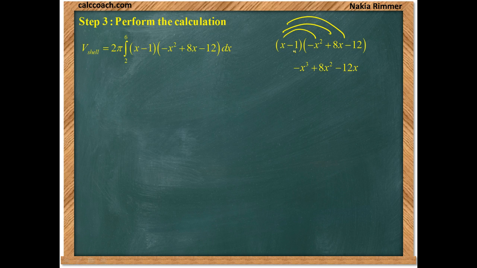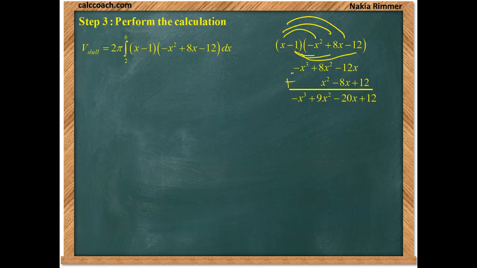When we multiply the negative 1 across, essentially that just changes the sign of all these. I'm going to write this out a special kind of way though. So I'll get a positive x squared, I'll get a negative 8x, and I'll get a positive 12. I stagger it like this, writing powers that match on top of each other so I can add vertically. And I end up with negative x cubed plus 9x squared minus 20x plus 12.